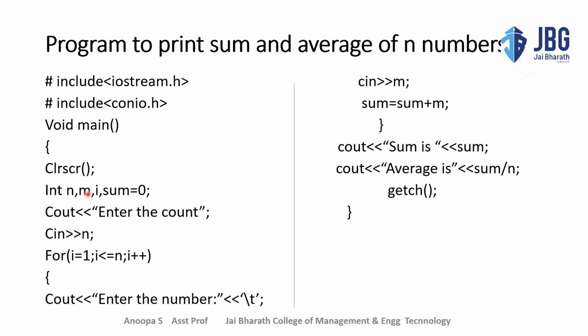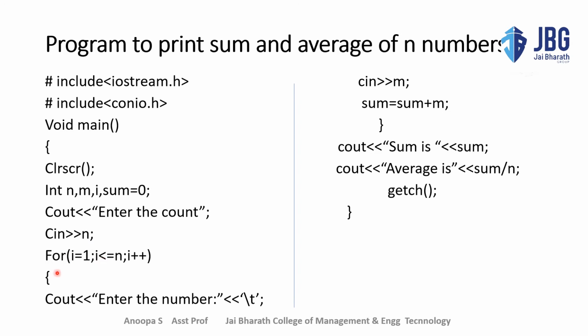Now m, I am getting the number stored in m. sum is for storing the result, and i I am using as the loop control variable. First I am asking to enter the count, that is, for how many numbers you want to find the sum or average. cin n, so that number is stored in the variable n.